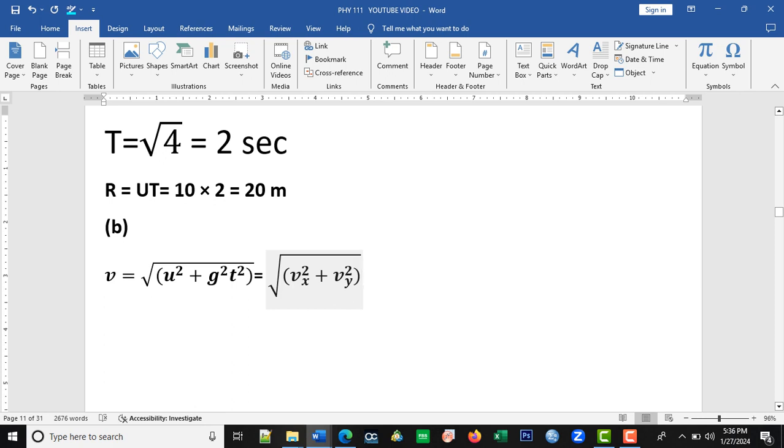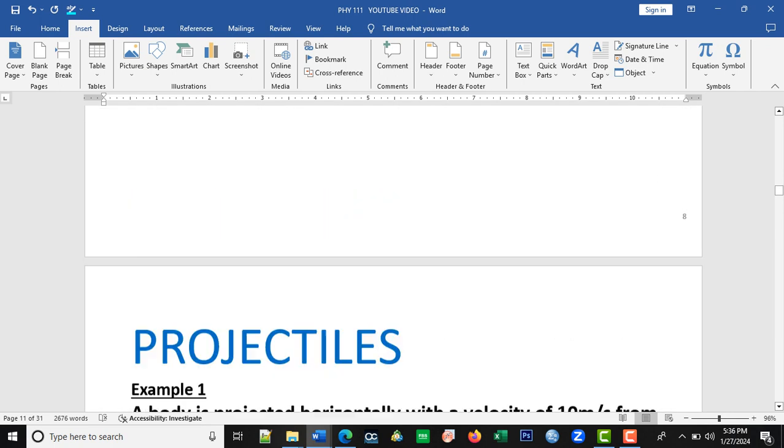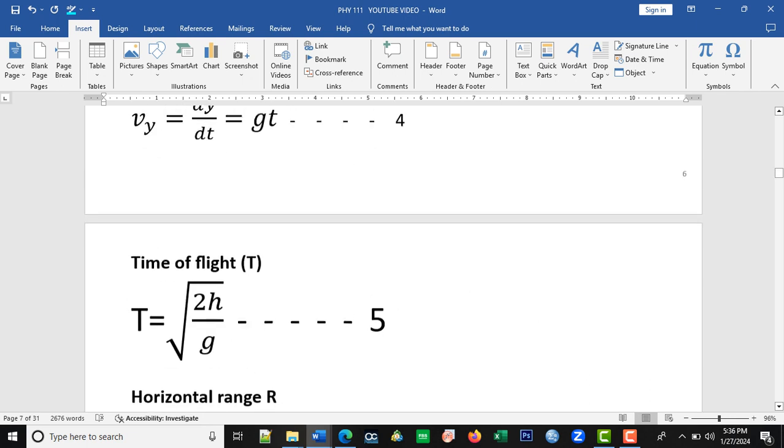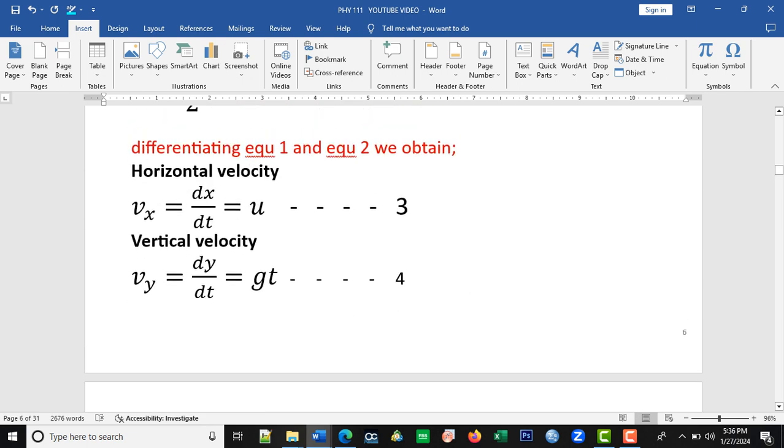So the vx, according to our formula, is the horizontal velocity. Vx is u. So from the equation, let me just pick this down.